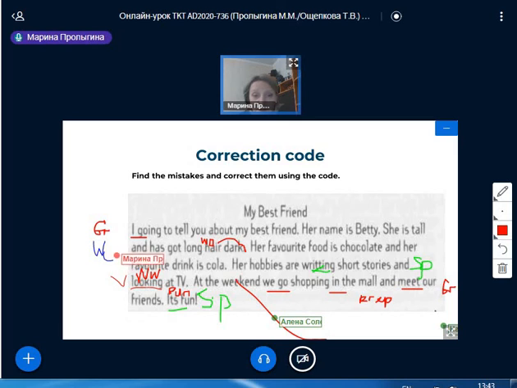Then word order, wrong word can be also done here on margins, like spelling can be also put here, right? And usually when getting their works back, students can look at the margins and see all the mistakes, and then just can correlate them with the symbols.